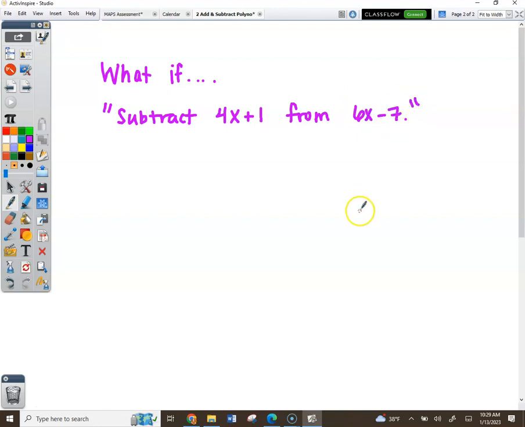What if that was your question? Now, if it said add 4x plus 1 to 6x minus 7, you would just add them, right? Combine like terms. But it says subtract and it says from.